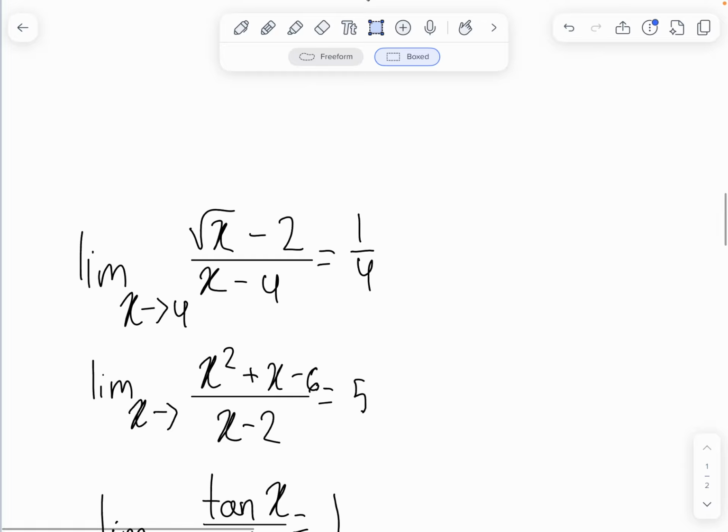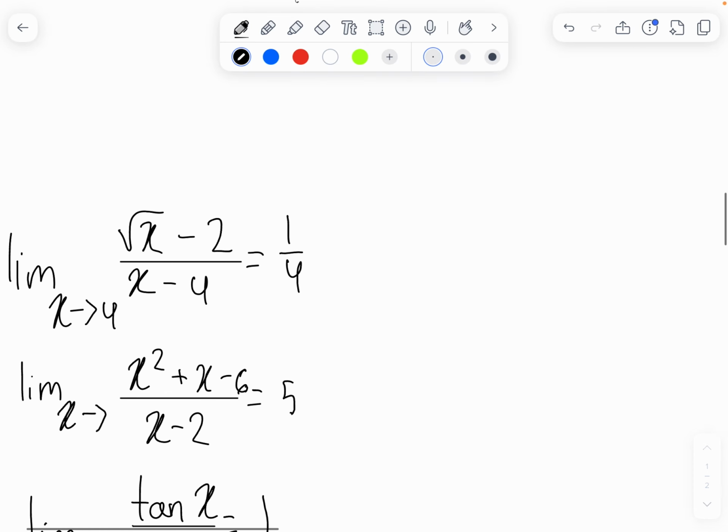What is the limit as x approaches 4 of the square root of x minus 2 over x minus 4? And the answer should have been 1 over 4. Okay, let's do this.